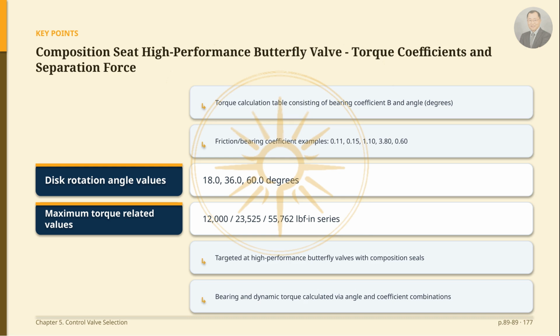For the rotation angle of the disc, 18.0, 36.0, and 60.0 degrees are used. In the maximum torque area, values in the inch-pound series such as 12,000, 23,525, and 55,762 appear. Through the combination of these angles and coefficients, the bearing torque and dynamic torque are calculated.